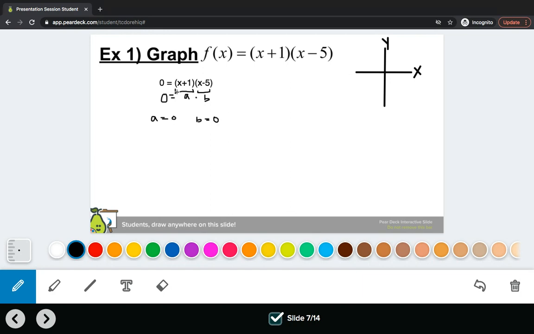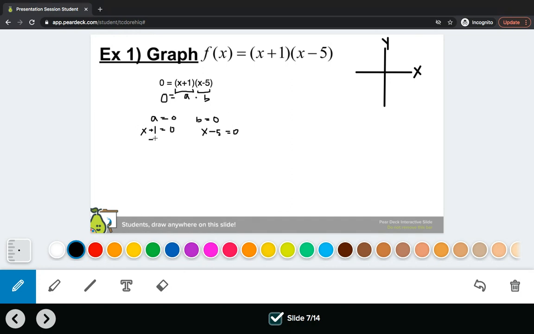And again, what is A? A is x plus 1. So either x plus 1 equals 0, or, and what is B? x minus 5. Or x minus 5 is equal to 0. We don't know which one is equal to 0, so we have to solve for both.